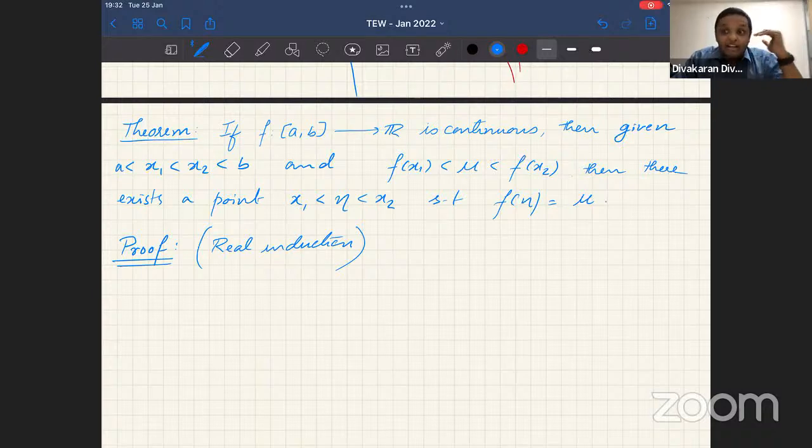In fact, I claim that the exact same technique is used in so many different proofs that you will see in analysis. There will be at least 10-15 theorems that you prove every year which use the exact same technique. If you tell students that these theorems use real induction for proof, then they will automatically remember all those proofs.